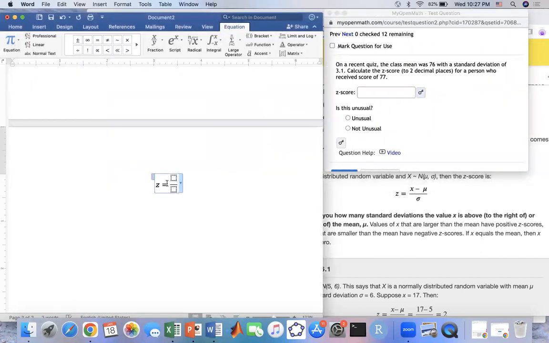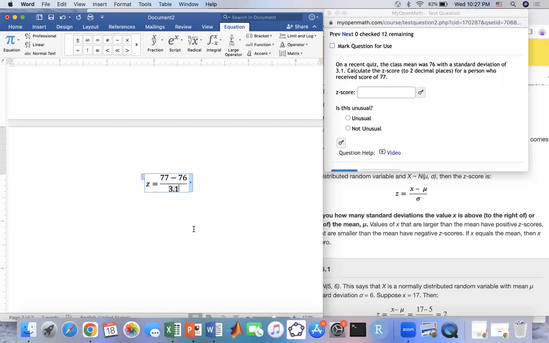So I have z right here, right? So over here, the person's score is our x value, so I can put over here 77. And then I subtract the mu right here. That means the mean right here, 76, and then I divide by the standard deviation over here, that would be 3.1.